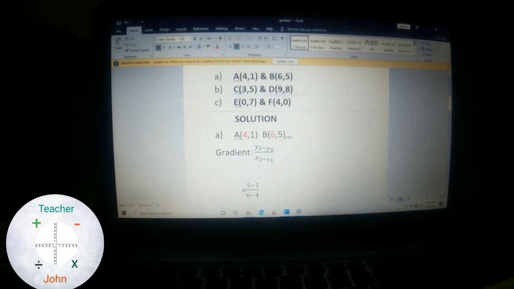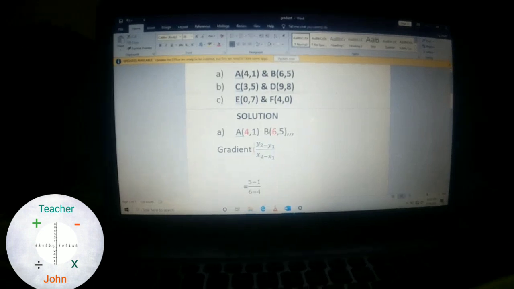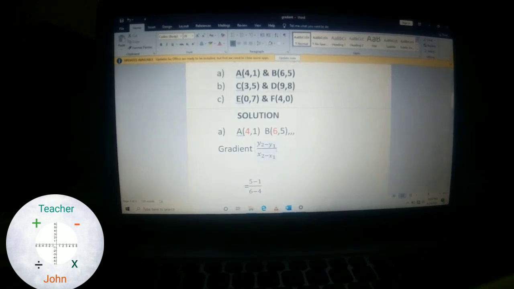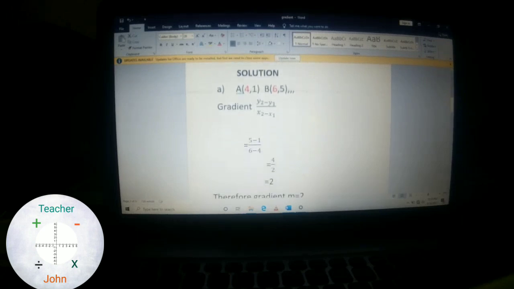So here the gradient is y2 minus y1 over x2 minus x1, and that is equal to... 4 is x1 and 1 is y1.